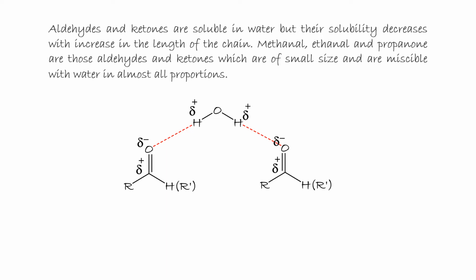Aldehydes and ketones are soluble in water, but their solubility decreases with increase in the length of the chain. So for methanal, ethanal, propanal, and ketones like propanone, which are of small size, they are miscible with water in almost all proportions.